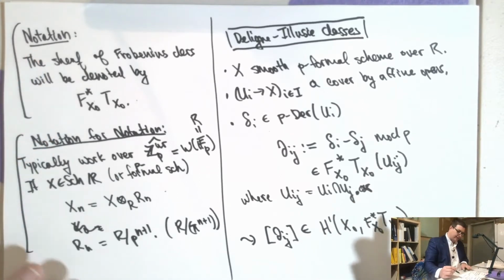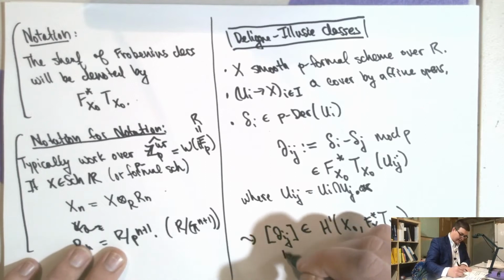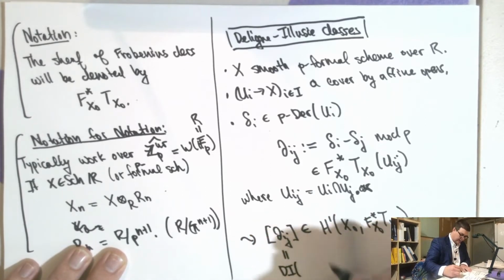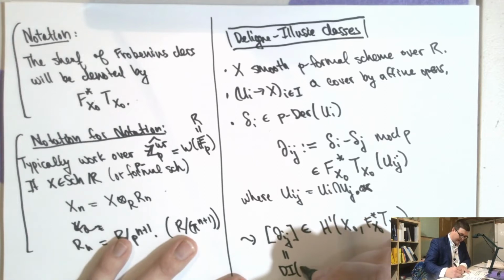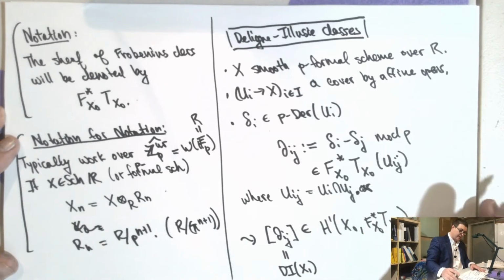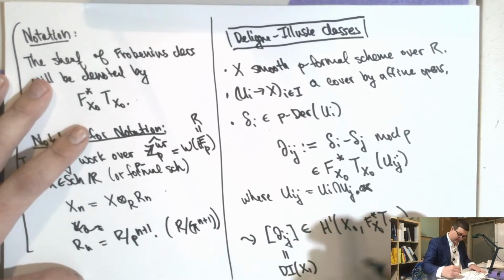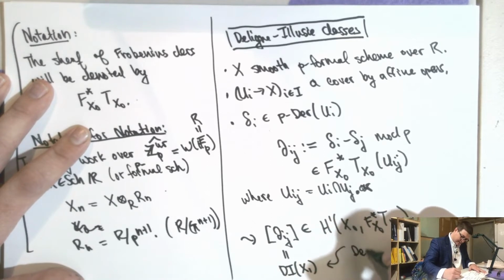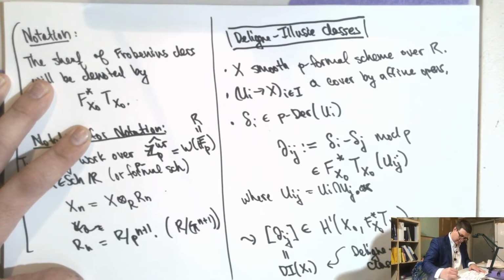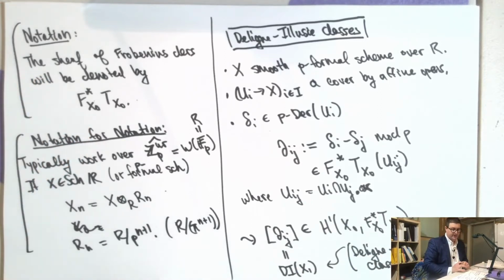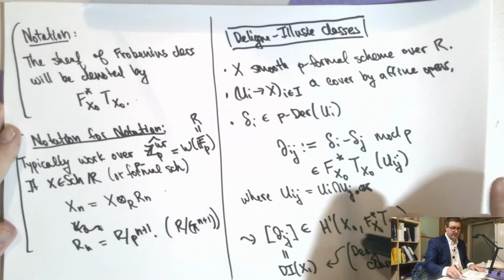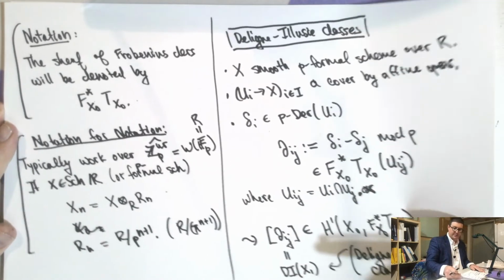This is the Deligne-Illusie class of X_1, so it's an invariant; it only depends on X_1. I'm going to denote it by DI(X_1) here. By definition this is the Deligne-Illusie class. This appears in the definition of the derived Cartier operator in the actual paper of Deligne-Illusie, so that's why it's named this way.